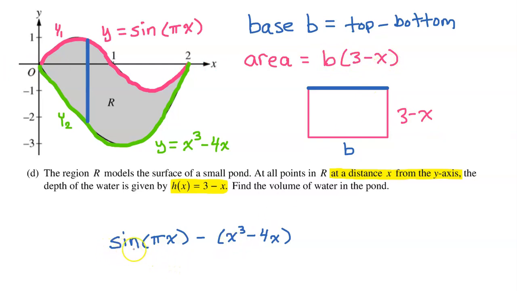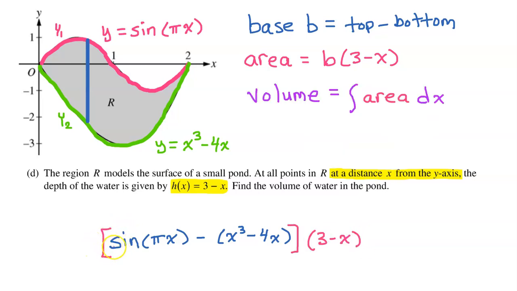So, getting back to our main expression, right now we are looking at an expression for the base of a single slice of lake. We need to transform this into an expression for the area of a single slice of lake. So area is base times 3 minus x. So we need to take our expression for the base and multiply it times 3 minus x.